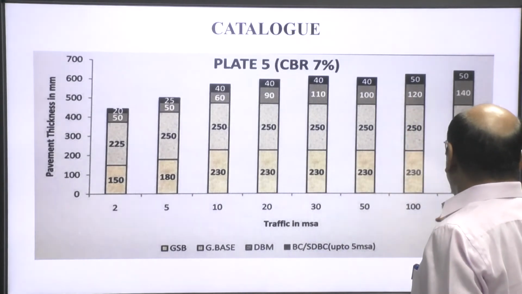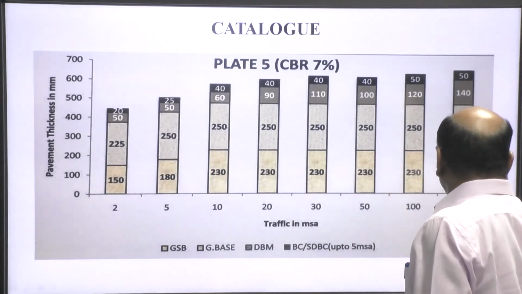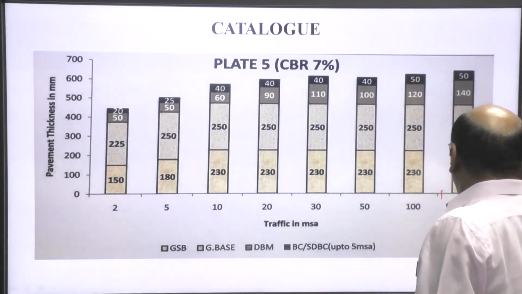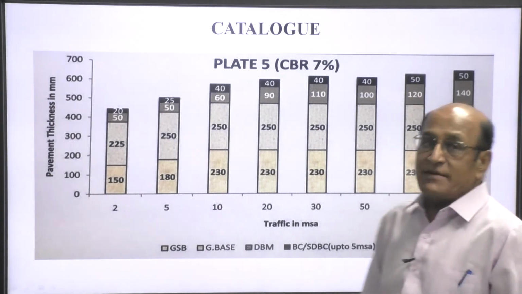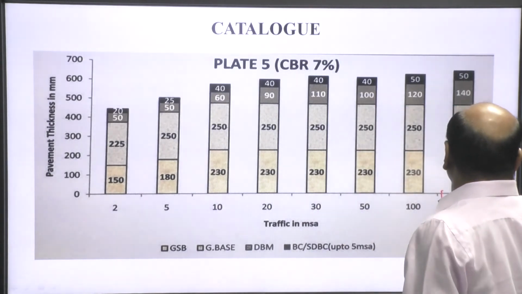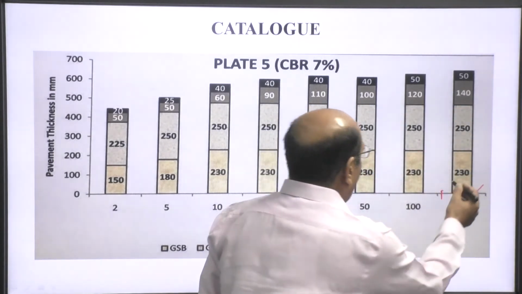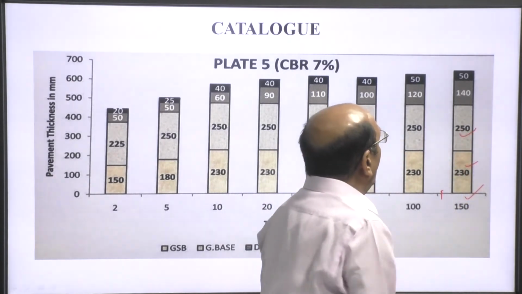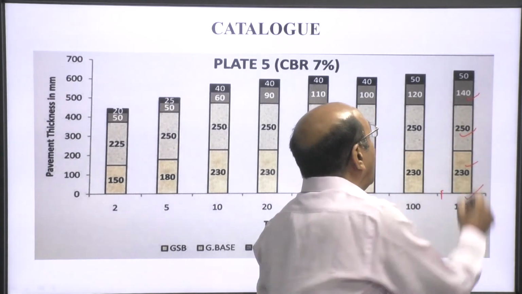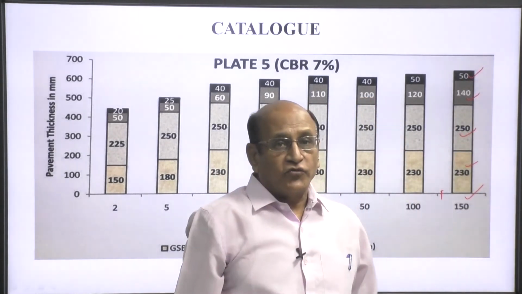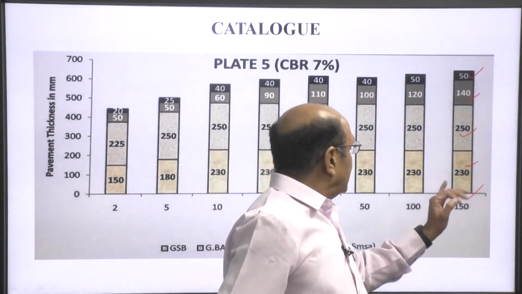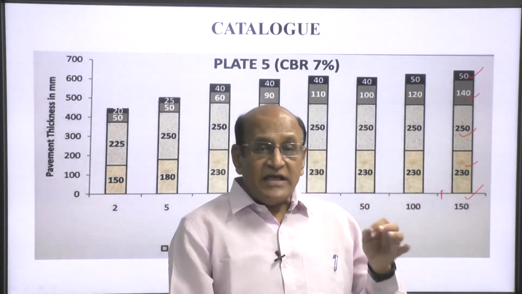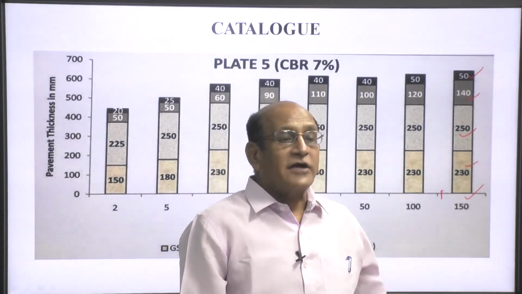So, we can choose, 131 MSA lies here, somewhere here. So, as per norms, we will take 150 MSA for the design purpose, and here it is given 230 sub base, 250 base, 140 DBM and 50 BC. So, by just choosing from the catalog, we can calculate the thickness of each layer and compositions.